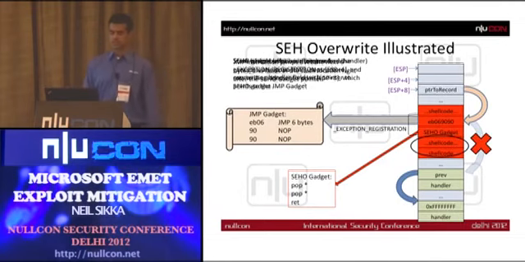EB069090 is the x86 instructions, and it's the machine code for jump 6 bytes, and then NOP, and then NOP. EB06 is jump 6 bytes. So what's going to happen is we're going to jump 6 bytes forward from where we are right now. And jumping 6 bytes forward, you would jump over the first 90 byte, jump over the second 90 byte, and then jump over the next 4 bytes, which is the SEH overwrite gadget address DWORD, and you would land in your shellcode. So that's how you exploit a structured exception handler.